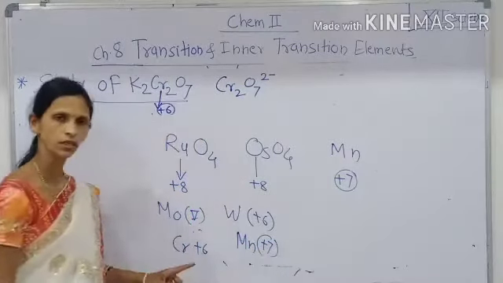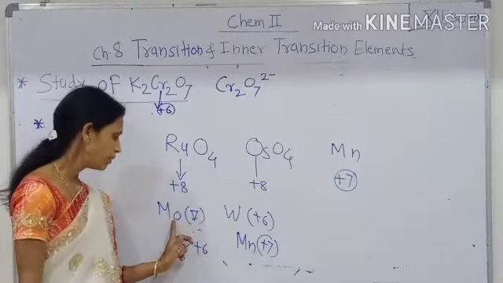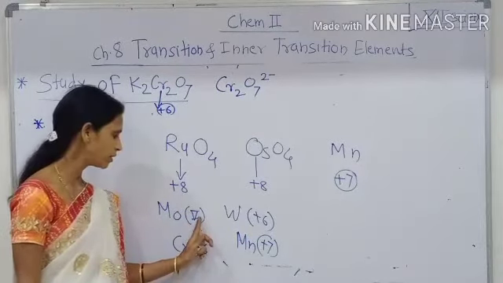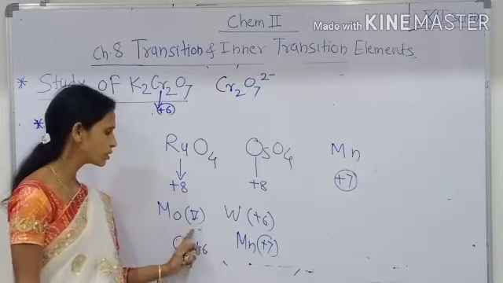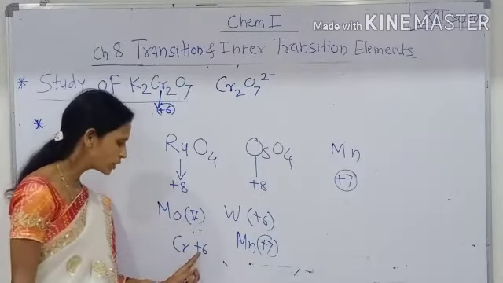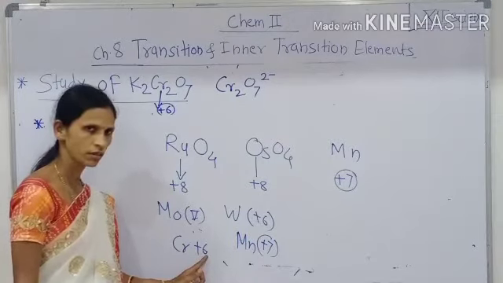That means molybdenum in +5 oxidation state forms the most stable compound. Then chromium forms compounds in +6 oxidation state.